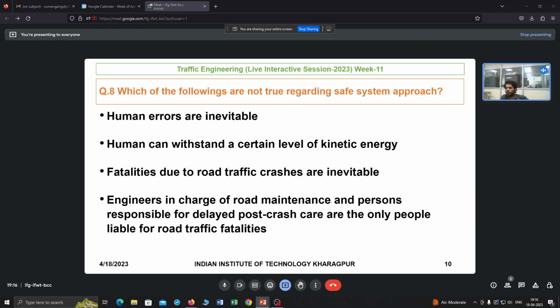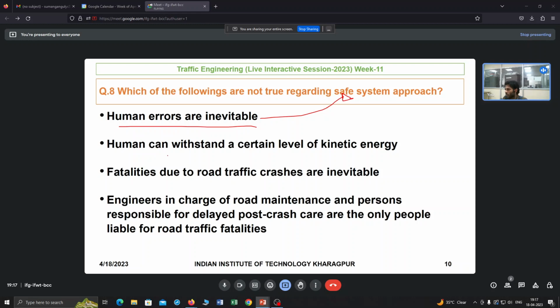So the next is, which of the following are not true regarding the safe system approach? Human errors are inevitable. So already I told that human errors are inevitable, and in that background only safe system approach has been developed, so that we can get a zero death system, right? We can achieve a zero death system by considering that humans are prone to mistakes.